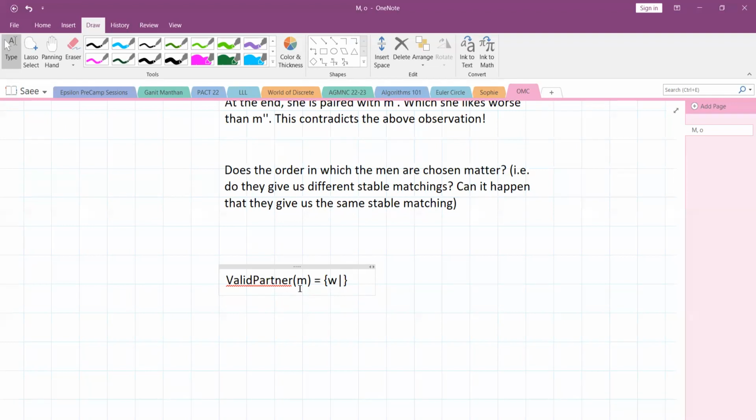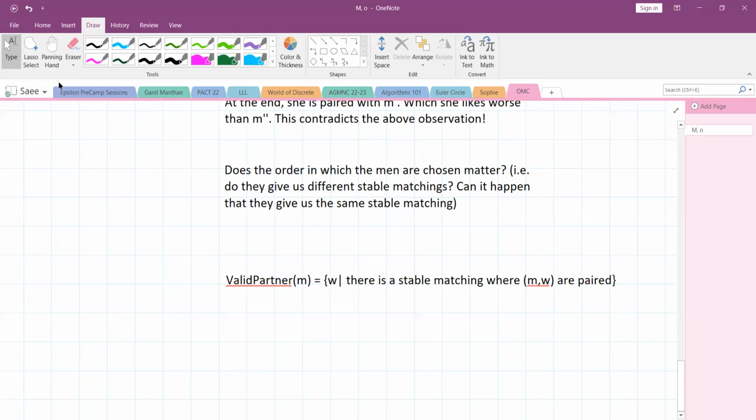So given a man, I'm going to define the valid partners of M to be the set of all women so that there is a stable matching where M and W are paired. This is how I'm defining the set of all valid partners of M.